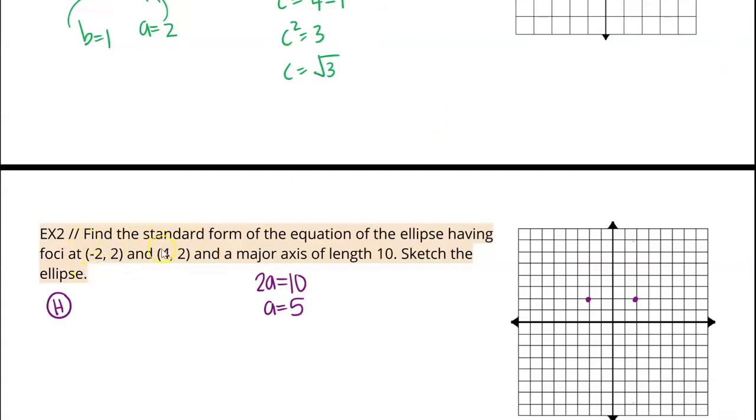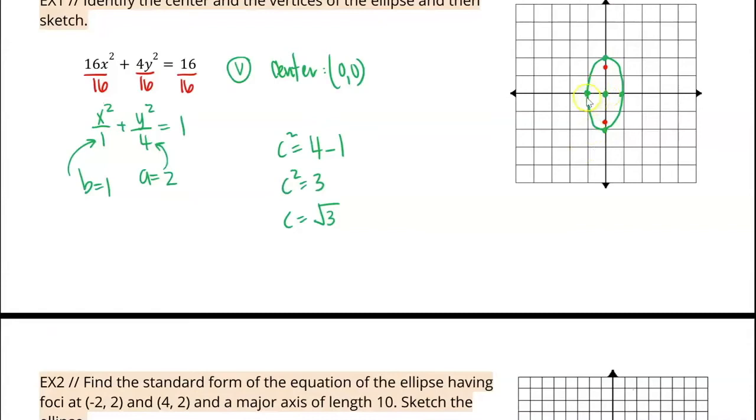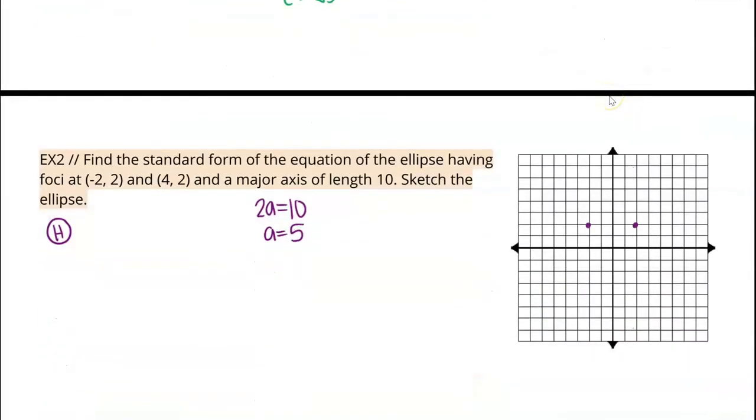If I have the foci, I can actually get the center from that because our center has to be halfway in between any combination of points. It's halfway in between the co-vertices, halfway in between the foci, halfway in between the vertices. So the center of this ellipse is going to be halfway in between those. So that's at 0, 2.